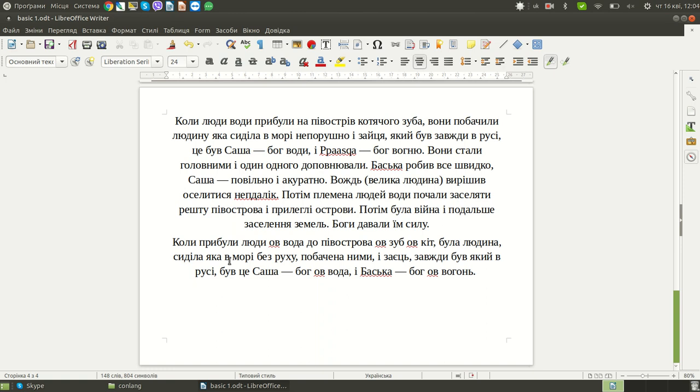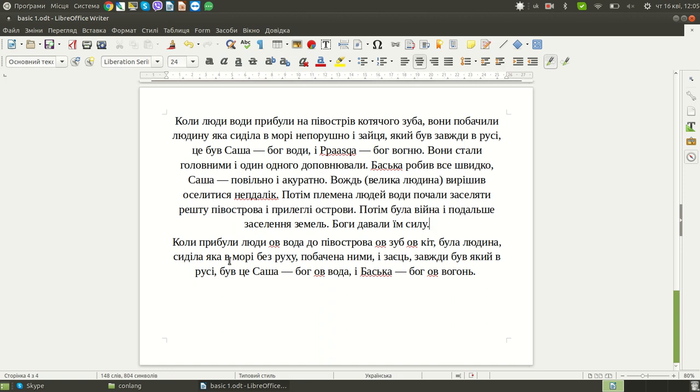So this was Sasha, a god of water, and Baska or Pascal in their accent. So god of fire. They became the main gods, and they were like in yin and yang in Chinese culture.